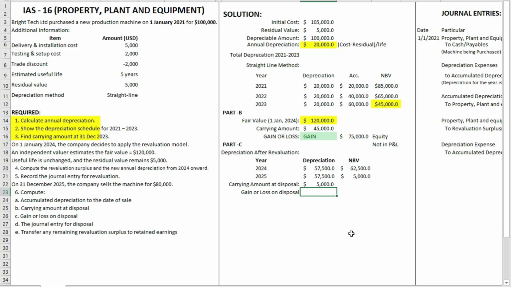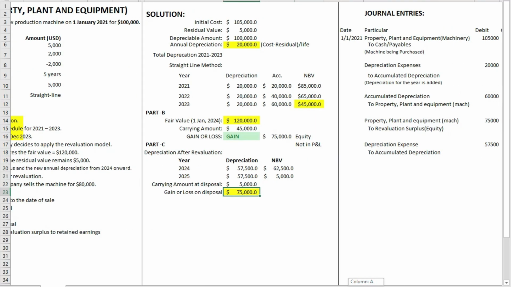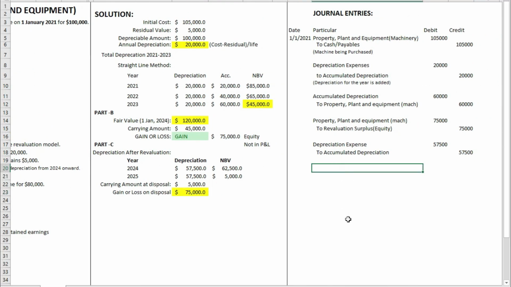So our 80,000 was our sales proceeds minus our carrying amount, which was 5,000. So we had 75,000 of gain. So this is our gain again, and we will record it in the journal entry again.